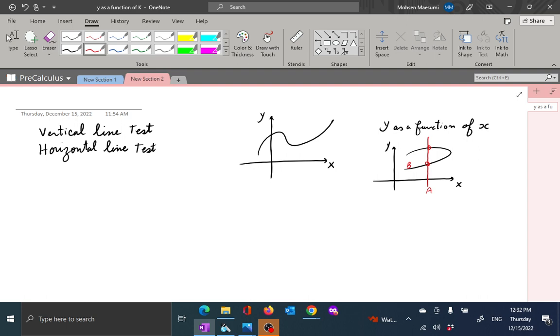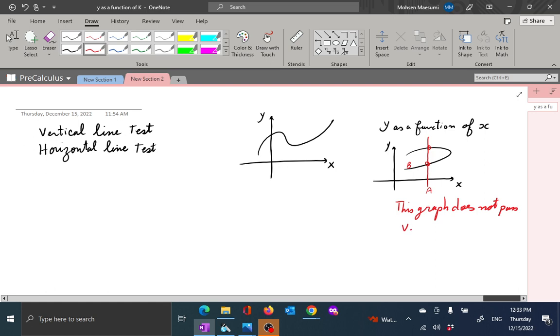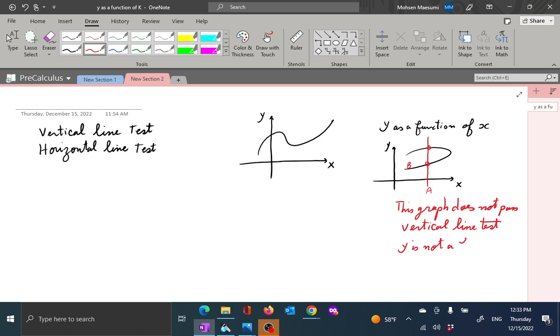And for that reason, we say this graph does not pass the vertical line test, and then we say y is not a function of x.